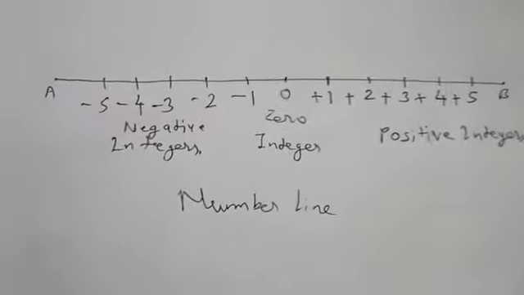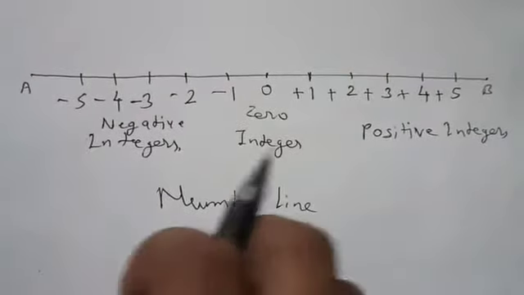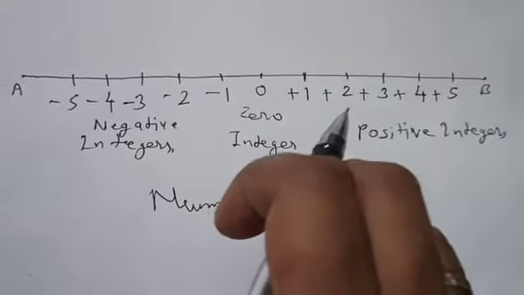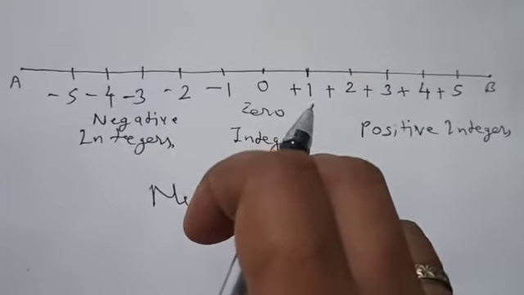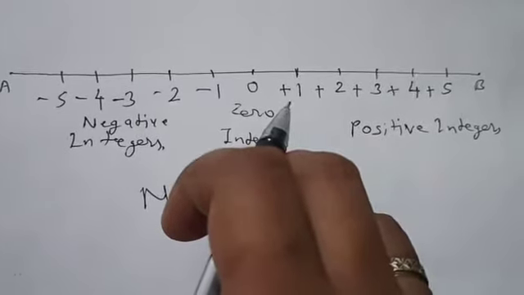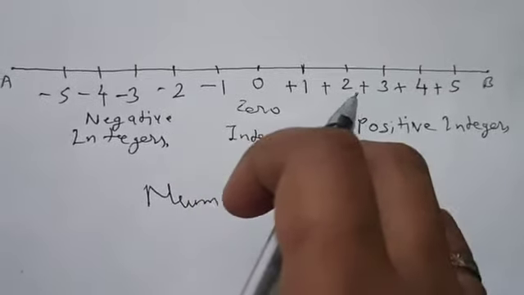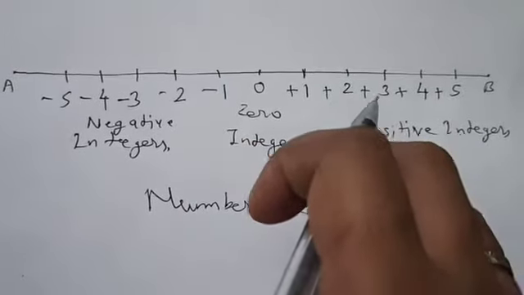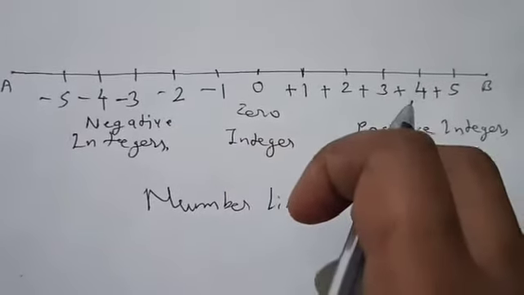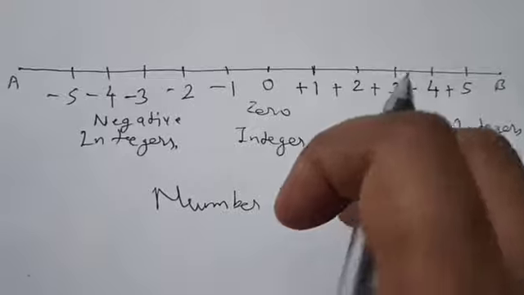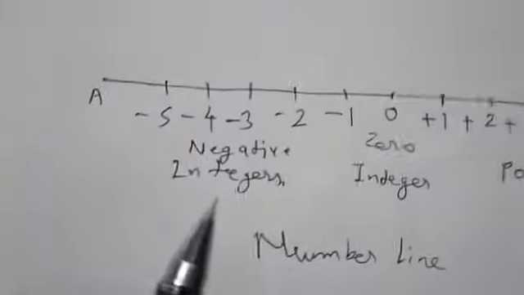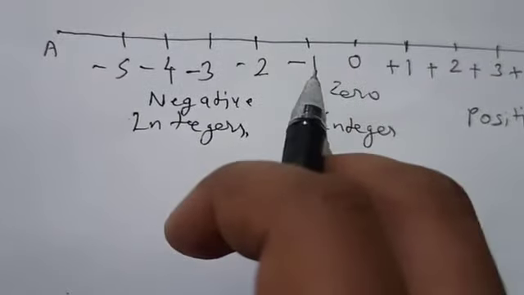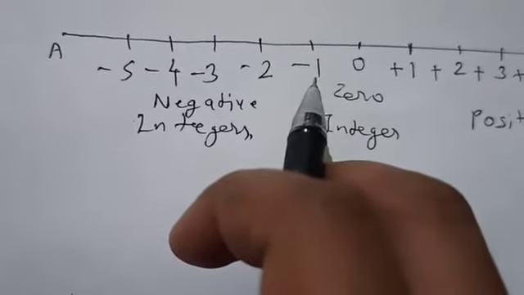So integers can be positive, negative or 0. Here we can see the integers in positive form. 2 is always greater than 1, 3 is always greater than 2, 4 is always greater than 3. But in the opposite, in case of negative integers, -2 is not greater than -1.